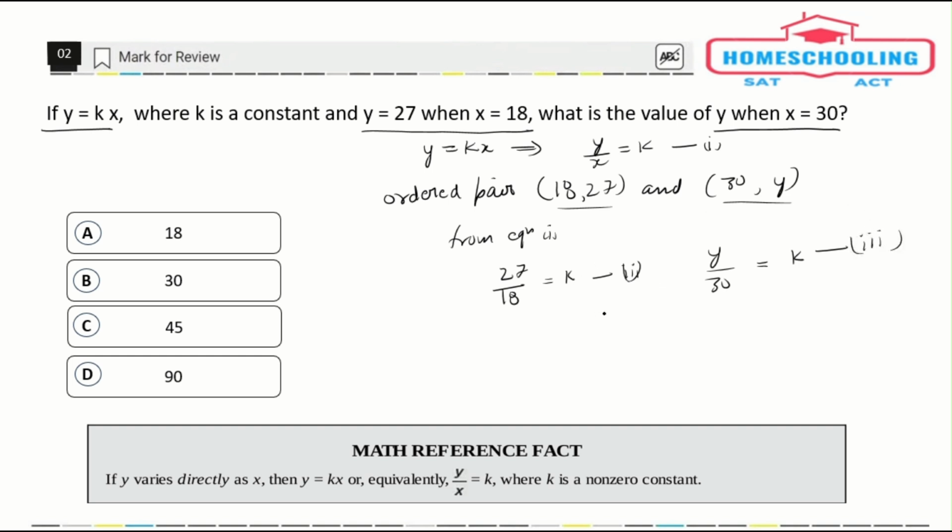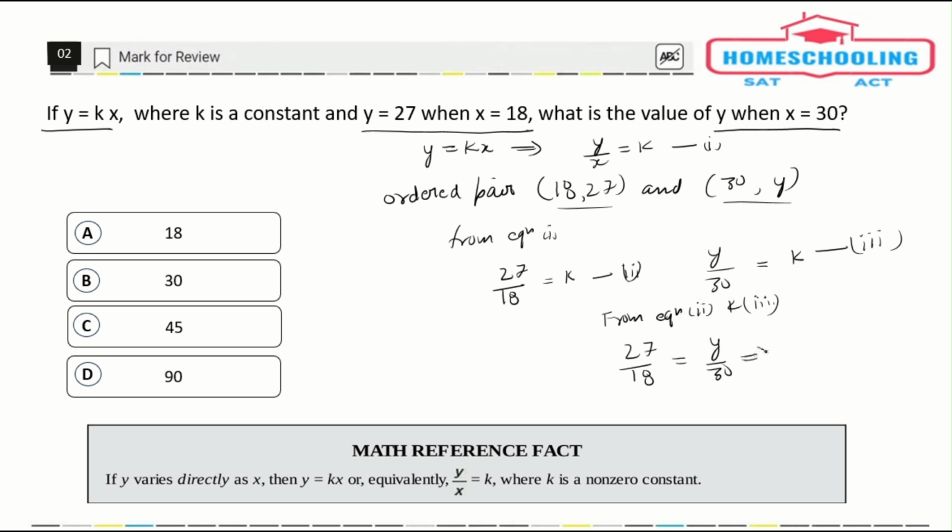So from equation 2 and 3, as we can see, 27 divided by 18 is equal to k, and y by 30 is equal to k. So k is common here, so we can write from here that 27 divided by 18 is equal to y by 30. Both the equations are equal because both are equal to k.